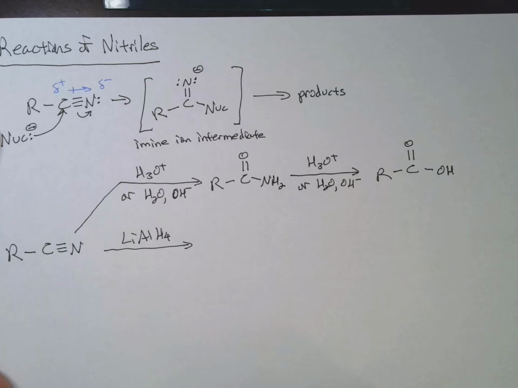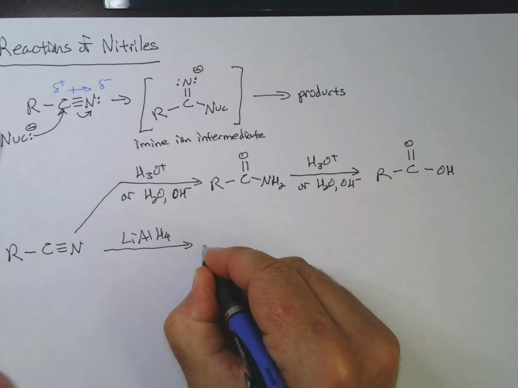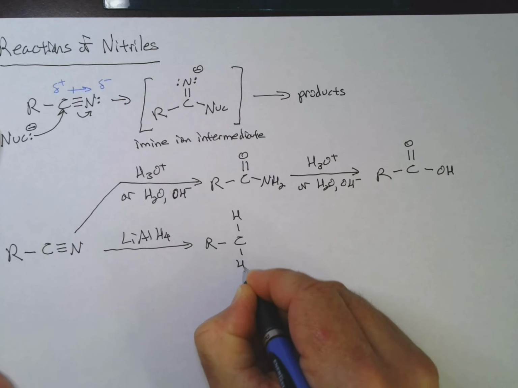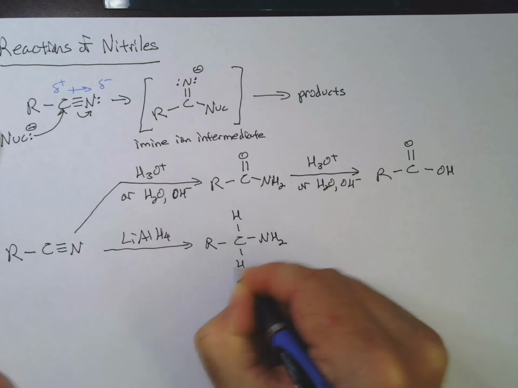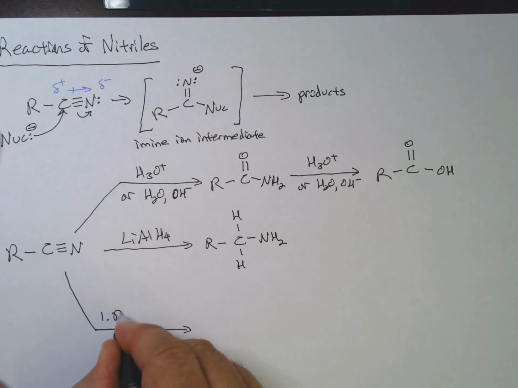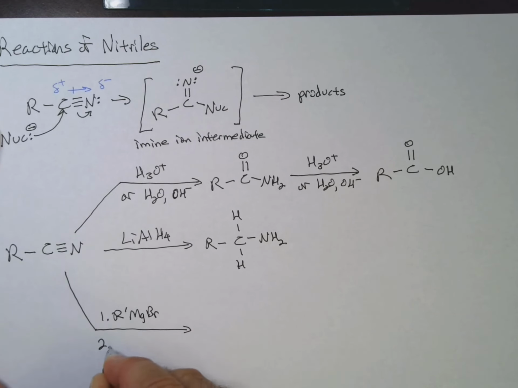We could use a hydride donor as our nucleophile, like lithium aluminum hydride, and that will give us R, C, H, H, and H2. We get an amine. And then another nucleophile we could use would be the Grignard. Use R prime MgBr, and then we'll quench with water.